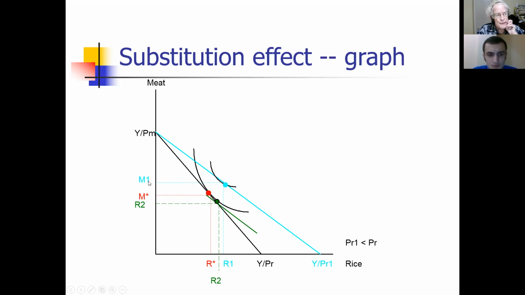That is, the income effect for meat is larger than the price effect. So overall, we wind up buying more meat, even though it is relatively more expensive to rice than before. Something of an anomaly.